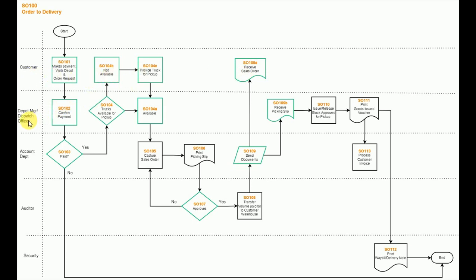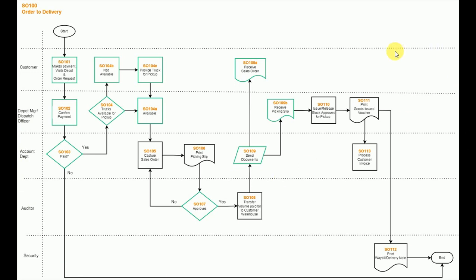But we would need an agent or a user. In Sage Evolution, users are recognized as agents. So the users are people that actually log in to perform some of these tasks within the business process. Look at this now.